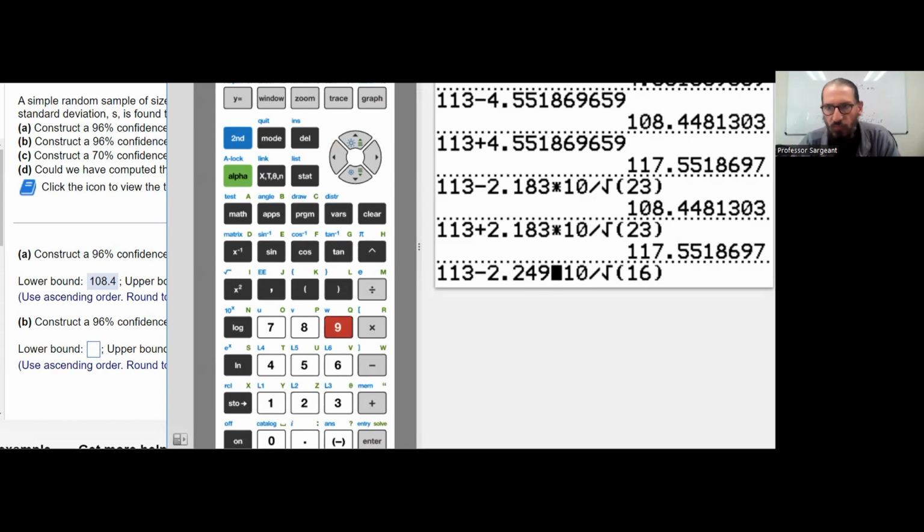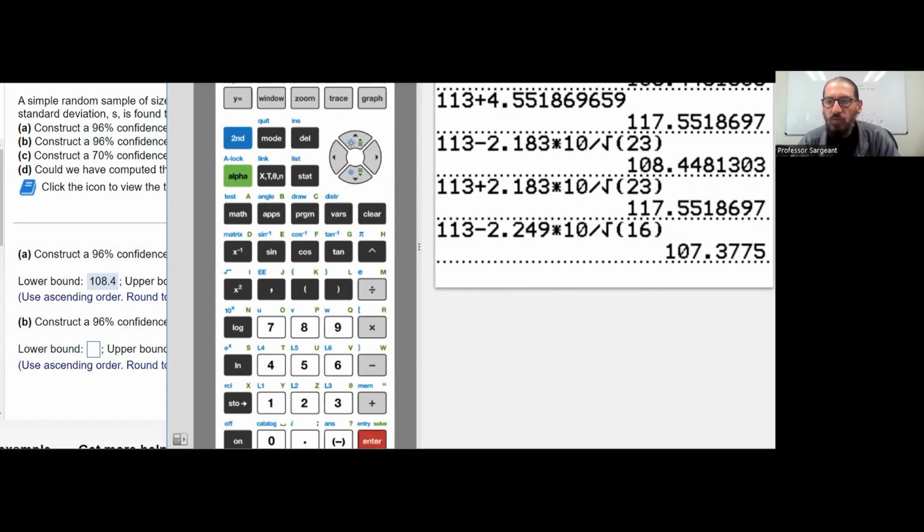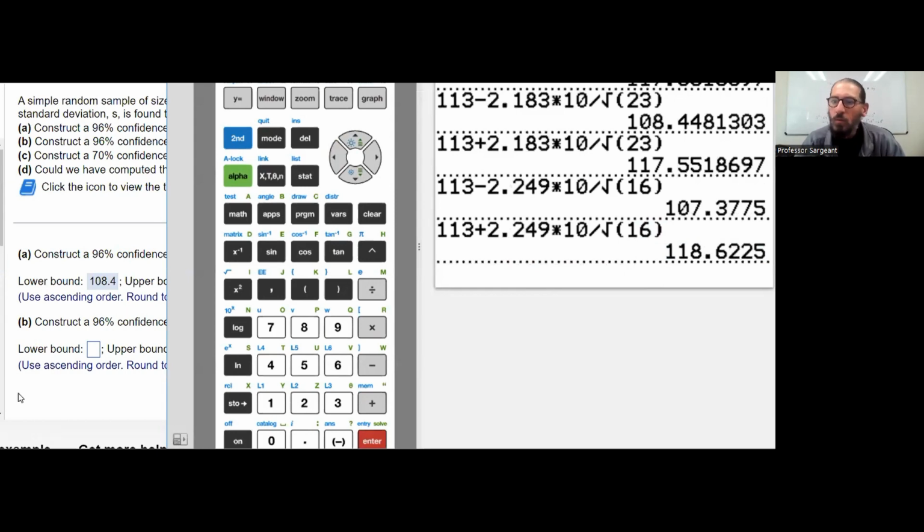To get the same level of confidence, we need to have a larger margin of error. Your lower bound and your upper bound are going to be further away from x bar than in the previous part. So that's going to round to 107.4, and for the upper bound, switch the subtraction to addition, 118.6.